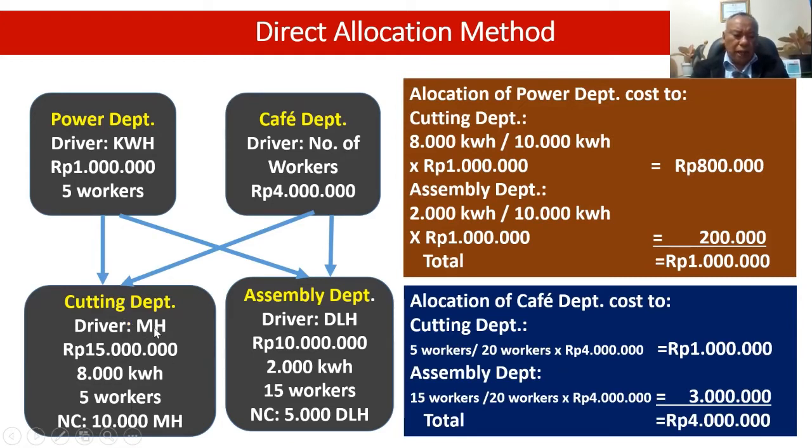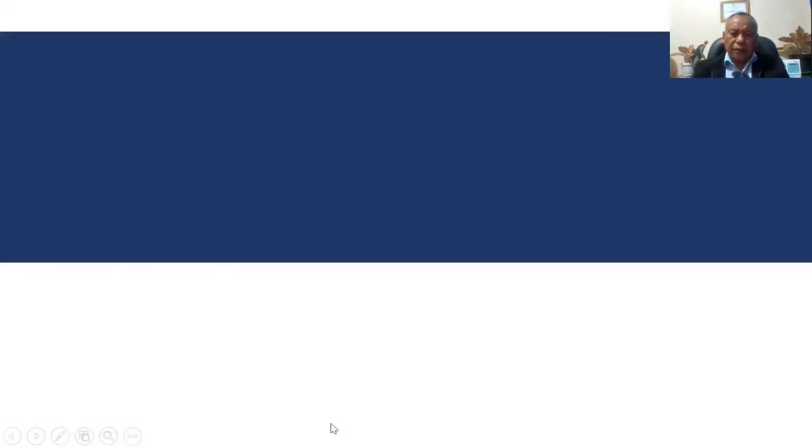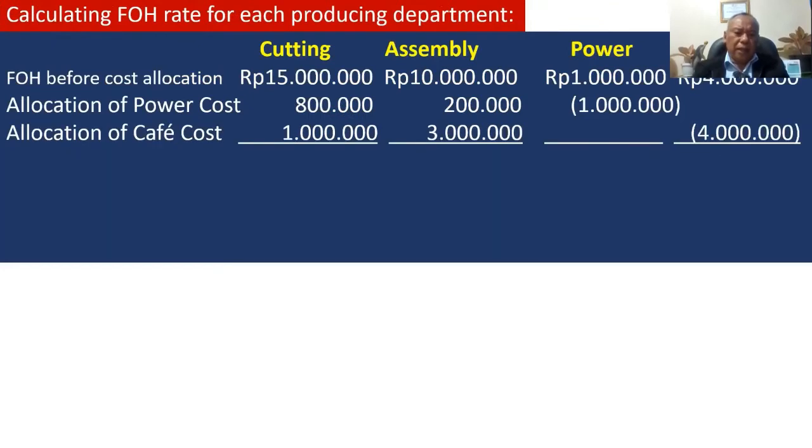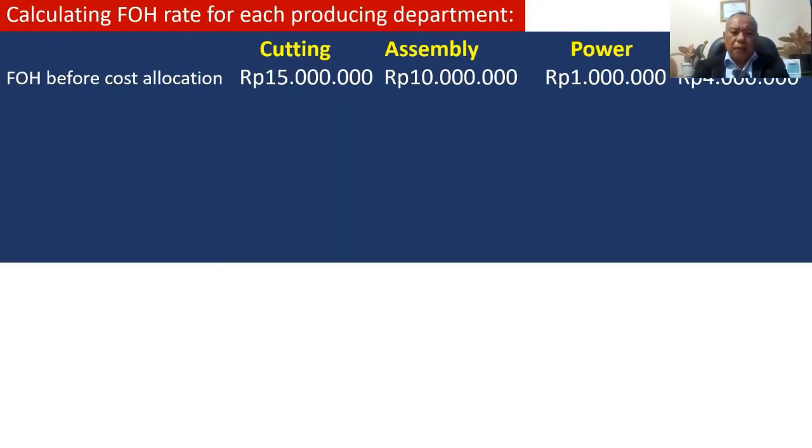Actually, the total factory overhead cost after the allocation of service department costs divided by the normal capacity. So in cutting department, we have normal capacity 10,000 machine hours, and the assembly department, we have normal capacity 5,000 direct labor hours. So we can make a table like this.